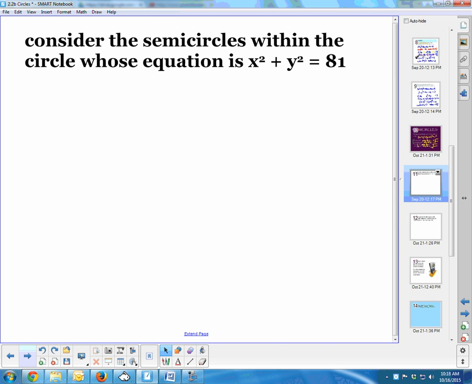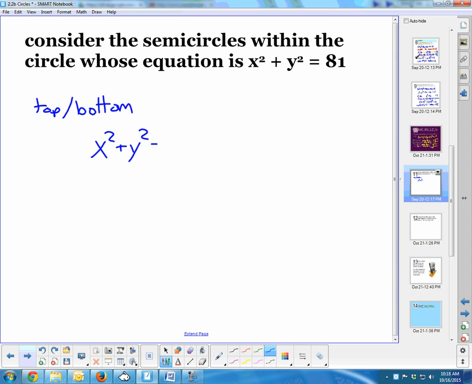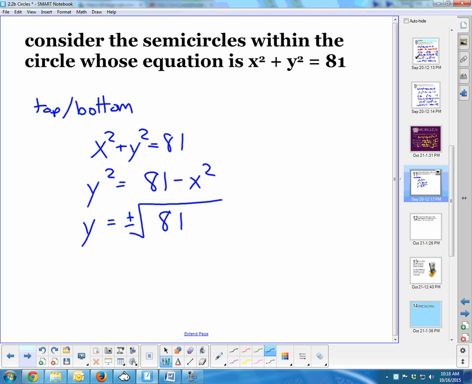So if I take my semicircles, and let's say I want to start with my top and bottom halves, I would take the equation x squared plus y squared equals 81. Rewrite as y squared equals 81 minus x squared. And then take the square root of both sides, remembering that when I take the square root, I get plus or minus the square root of 81 minus x squared.